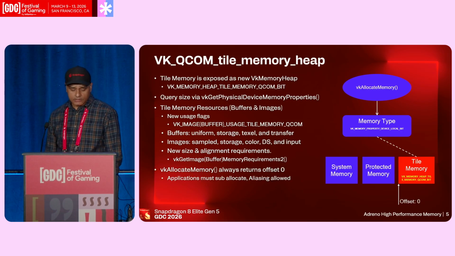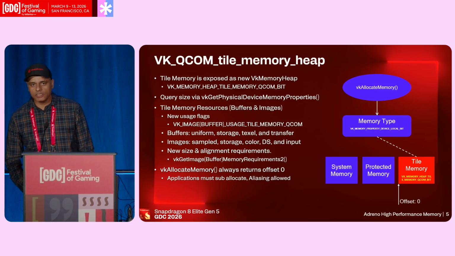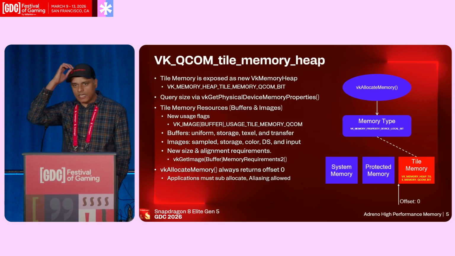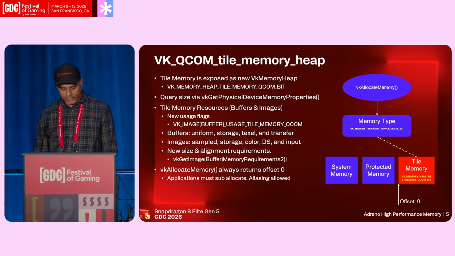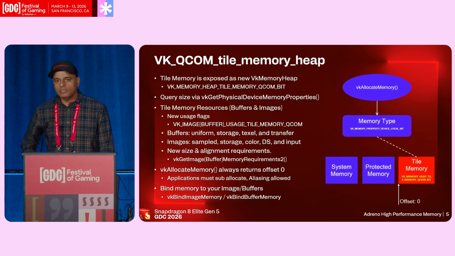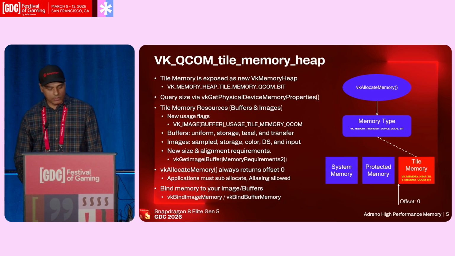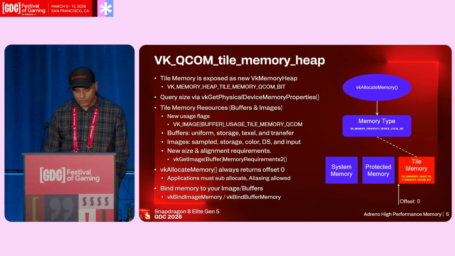The next step is to use VK allocate memory. The key point is it always returns offset 0. It's the application's responsibility to sub-allocate, and memory aliasing is allowed on this tile memory heap. The last step is you bind the buffers and images, and that's all.